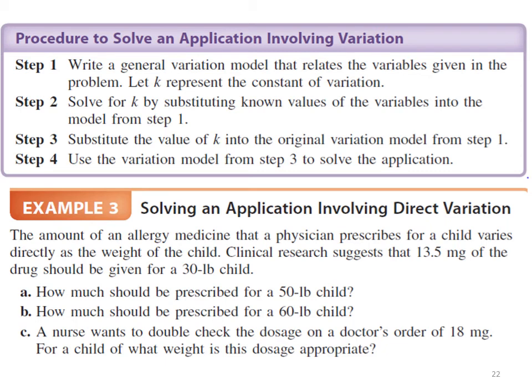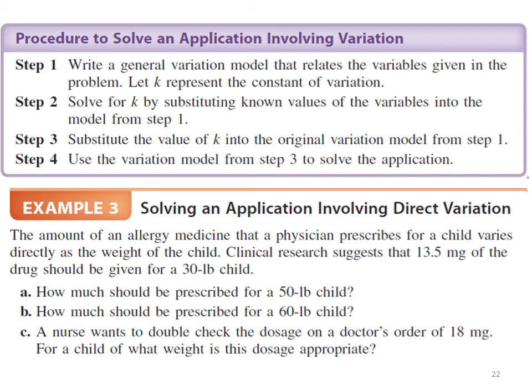First of all, we already know that this is direct variation. Part C, a nurse wants to double check the dosage on a doctor's order of 18 milligram for a child of what weight in this dosage. If you know that the dosage is 18, then what should the weight be?